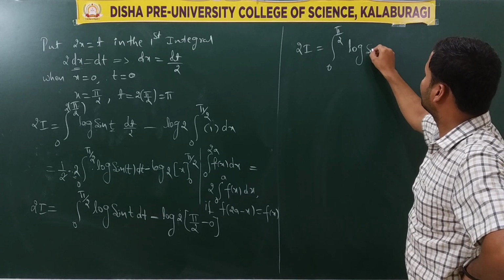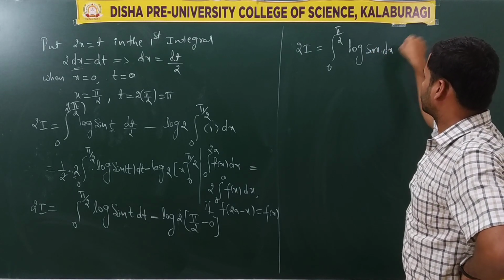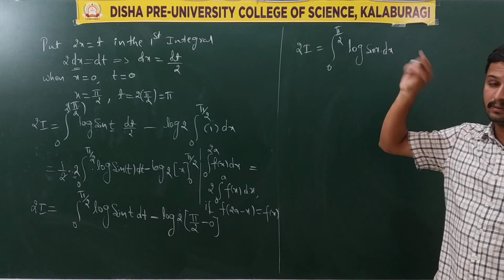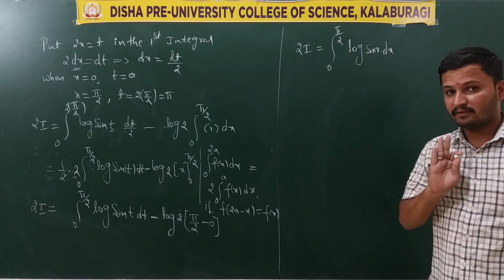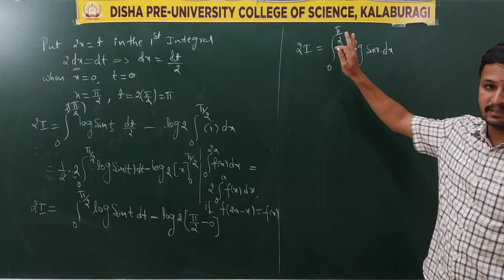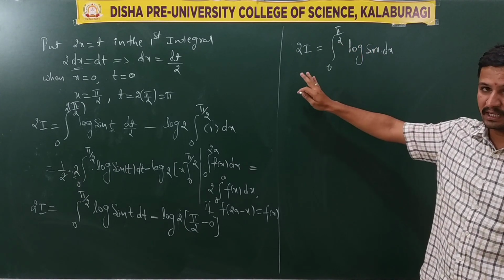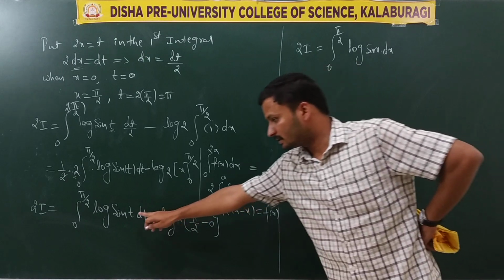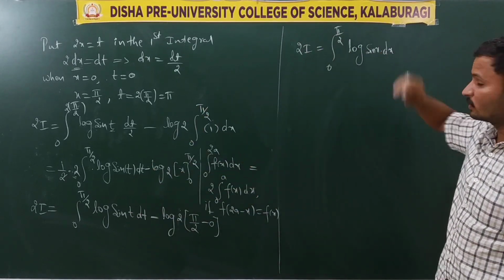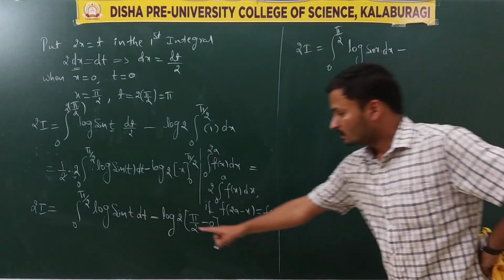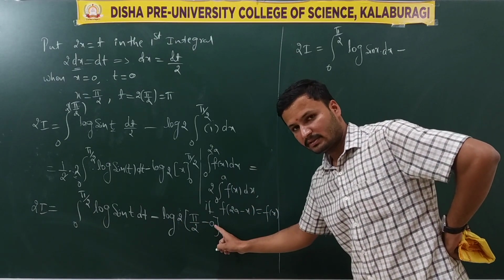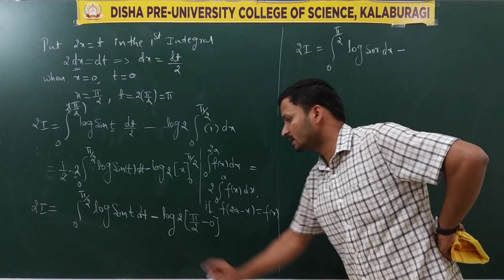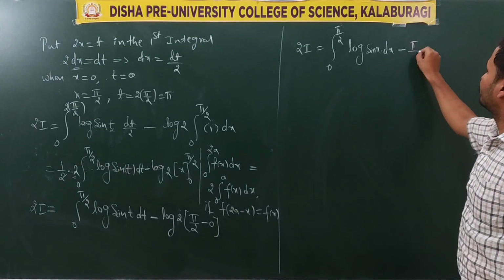So log of sin x into dx. This is by the property number 1. So by changing the variable in the definite integral, the value of the integral doesn't change. Okay, the first property, ಆ property use ಮಾಡಿಕೊಂಡು variable t ಇರೋದನ್ನ ನಾನು x ಅಂತ ಬರ್ಕೊಂಡು. Okay, minus here log 2 into pi by 2 minus 0. So pi by 2 minus 0 is pi by 2. So answer is minus pi by 2 into log 2.